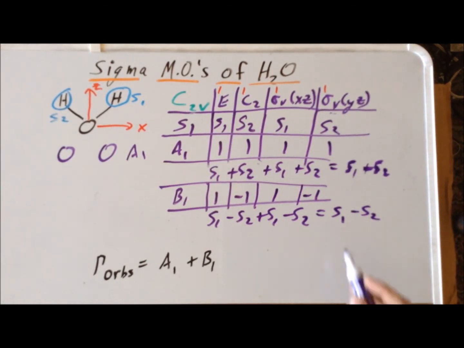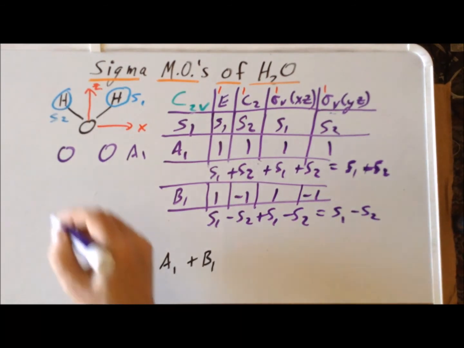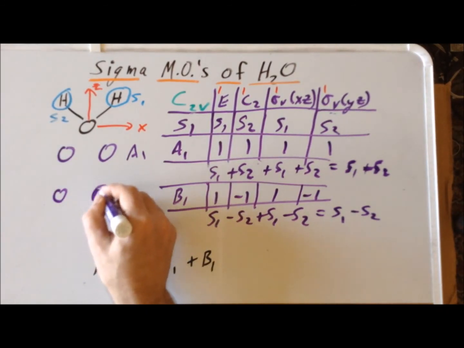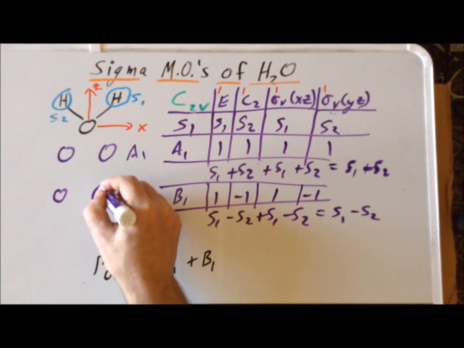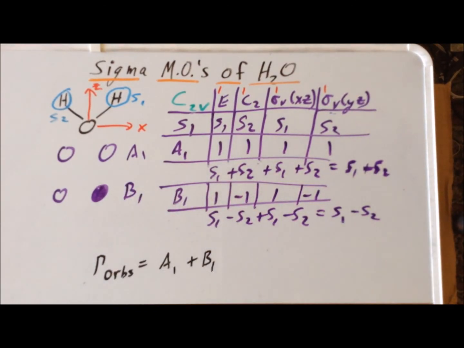So in this case, S1 and S2, having different signs for their coefficient, tells us that these are different phases. And we often draw this as one open circle and one closed circle. So this shows that the phases of the s orbitals on the hydrogen atoms in the B1 case are opposite to each other.